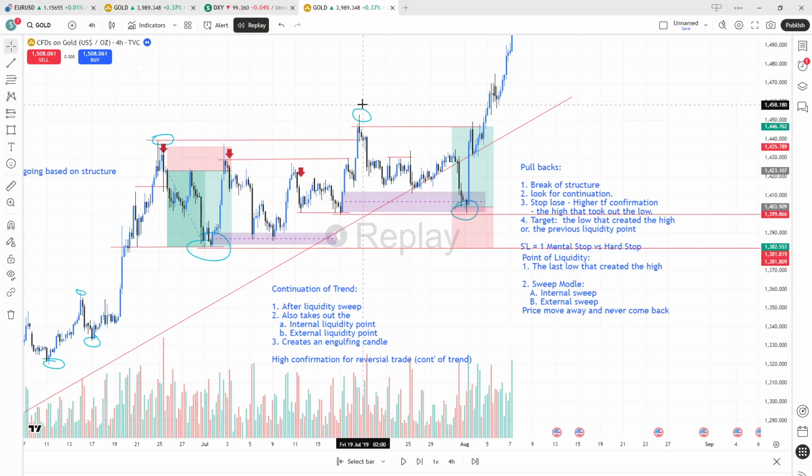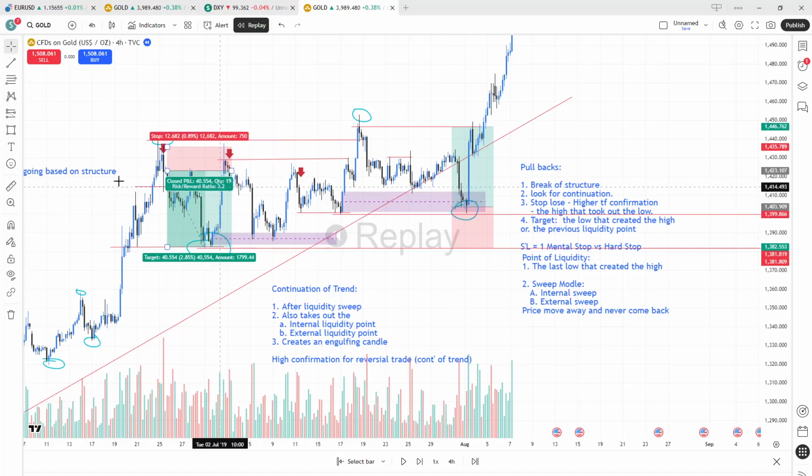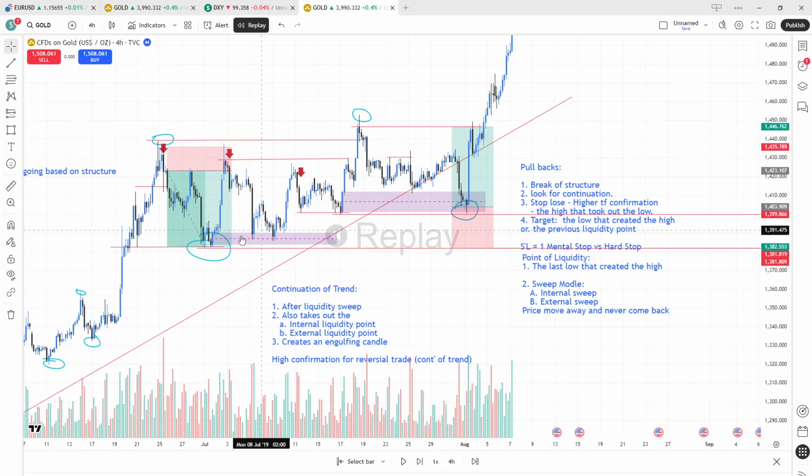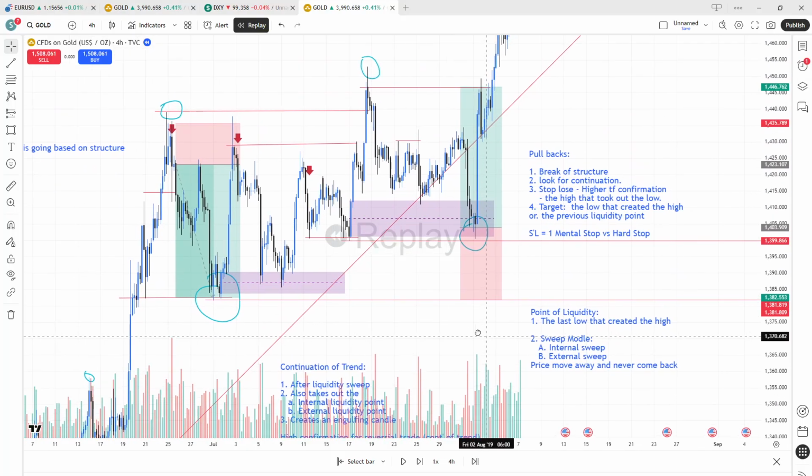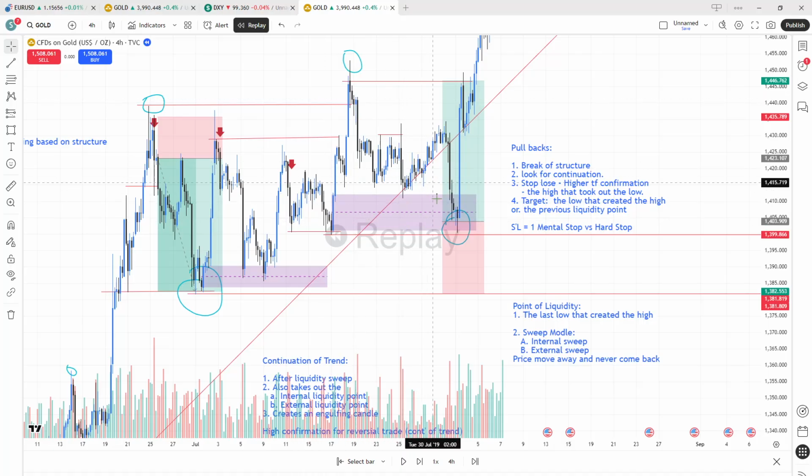For whoever caught this buy, you're made to sell, because we see a break of structure and we're just assuming that price is going to go down. But overall, if we continue to look at the structure, then we know that the sweep model is still in play, and that price was just waiting to come back and fill this area.